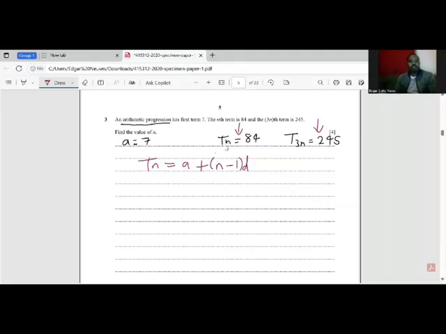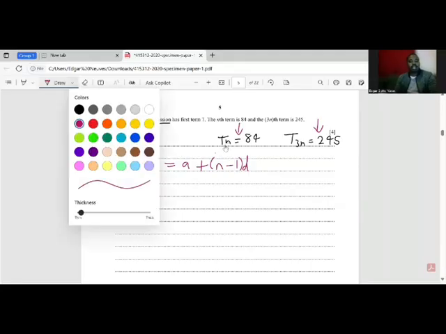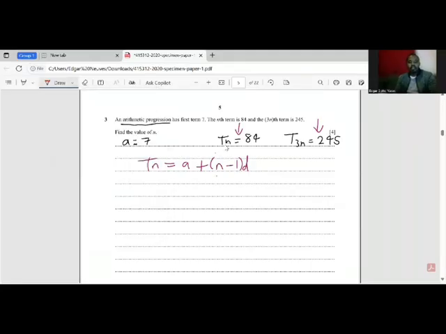Okay, so let's go ahead and do this problem. I'm going to use this piece of information first. So Tn is 84. We know that A is 7 plus n minus 1 times d. Remember, I don't know what n is, I don't know what d is, so I'm going to try and simplify this further.